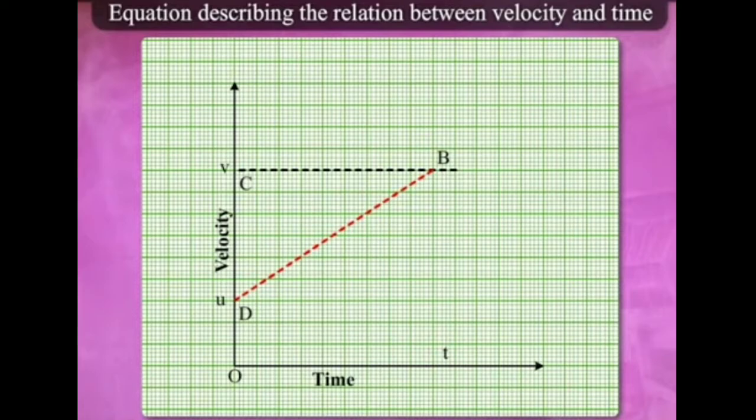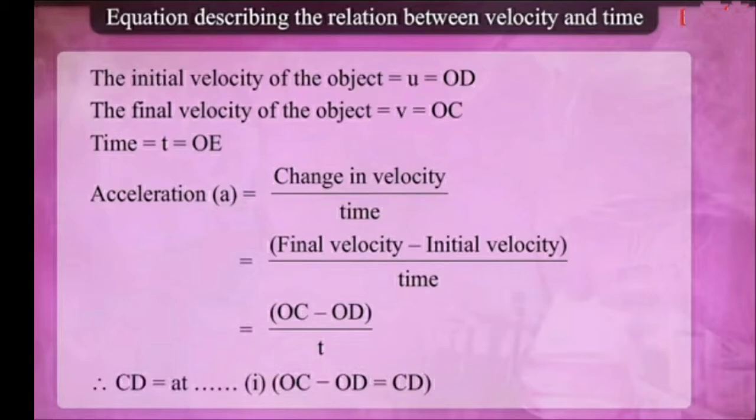So the object starts from the point D, which is seen in the graph, with the velocity u. Now its velocity keeps increasing and after time t, it reaches the point B on the graph, as you can see children.